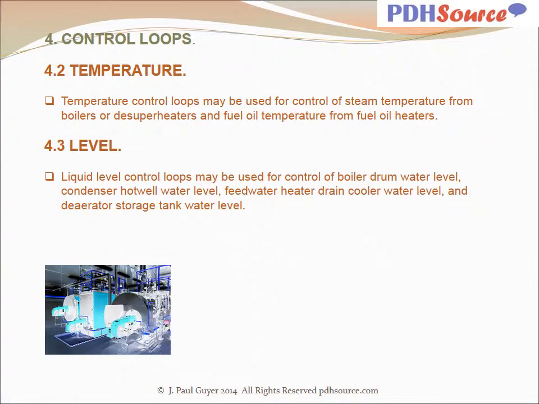Temperature control loops may be used for control of steam temperature from boilers or de-superheaters and fuel oil temperature from fuel oil heaters. Liquid level control loops may be used for control of boiler drum water level, condenser hot well water level, feed water heater drain cooler water level, and deaerator storage tank water level.